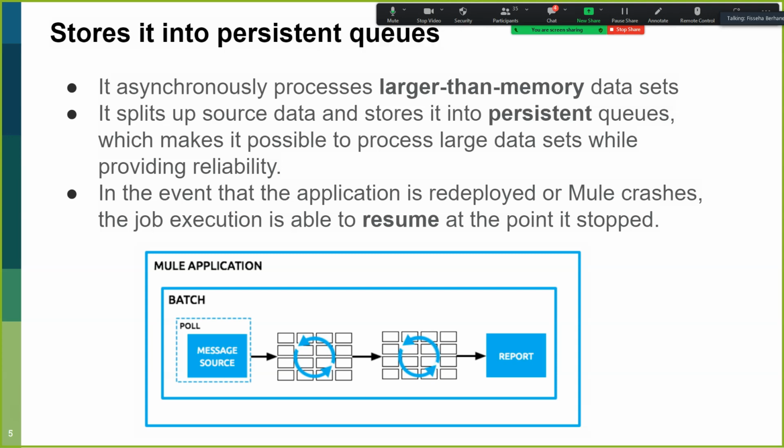From the persistent data, it takes chunks of records, then processes each chunk. Once the first chunk is complete, it brings another chunk, and so on until all the data is completely processed. And if it fails before completing, it is going to resume from where it stopped.